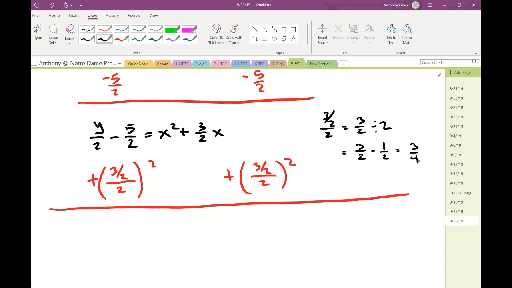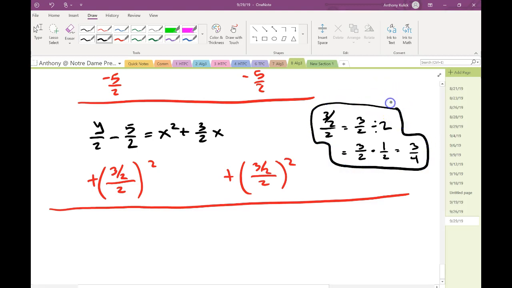So I get really 3/4 there. So again, I didn't want to do too much there too soon, but on this next step, I'm going to write that instead of 3 over 2 over 2 as 3/4.